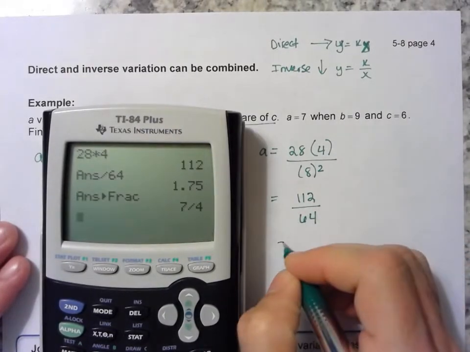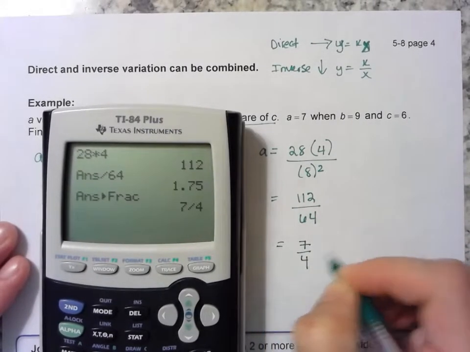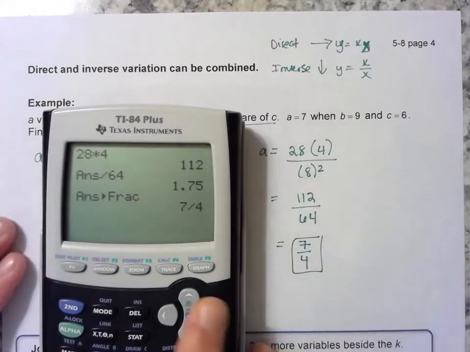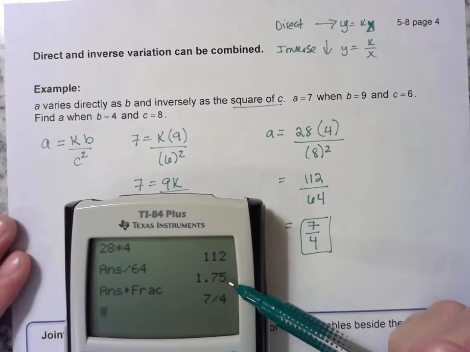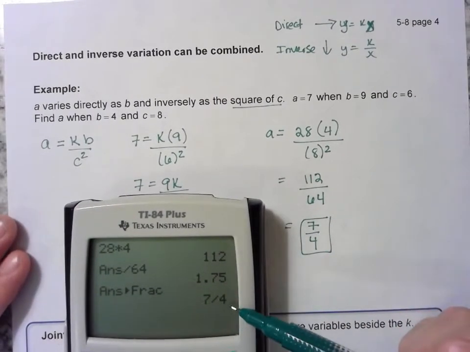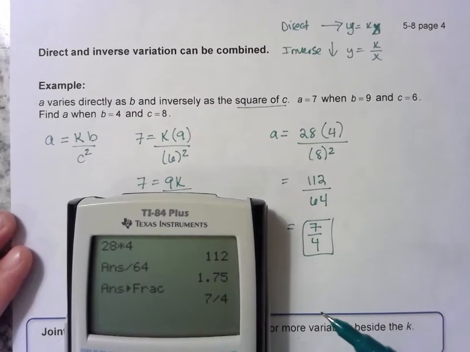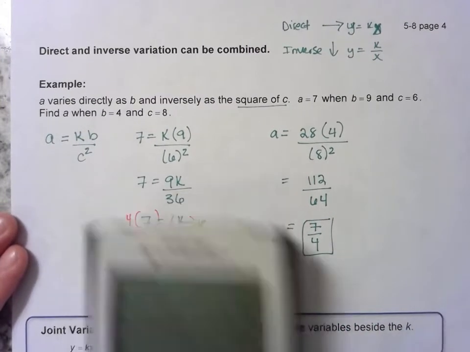And we get 7/4. It's depending on what the instructions say. Usually they'll be a little more specific than this one. You may need to leave it in decimal form or put it in fraction form. For now, I'll go ahead and leave it in fraction form.